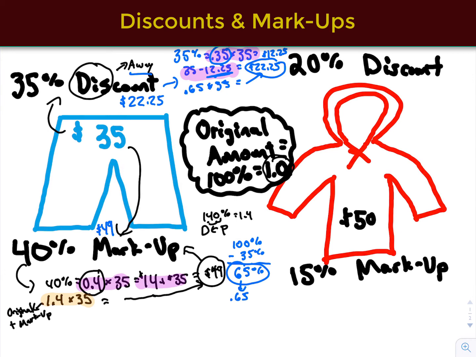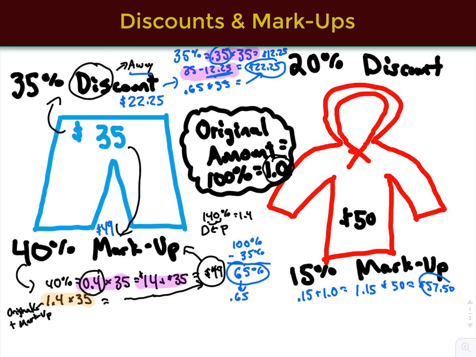I'm going to have us do them both in the quicker way. So let's do the markup again first. We're going to do 15%, which would be 0.15, plus the 1.0, the original, equals 1.15. I'm going to take that amount, and I'm going to just multiply it by $50, and this will get me my price after markup, which is $57.50.